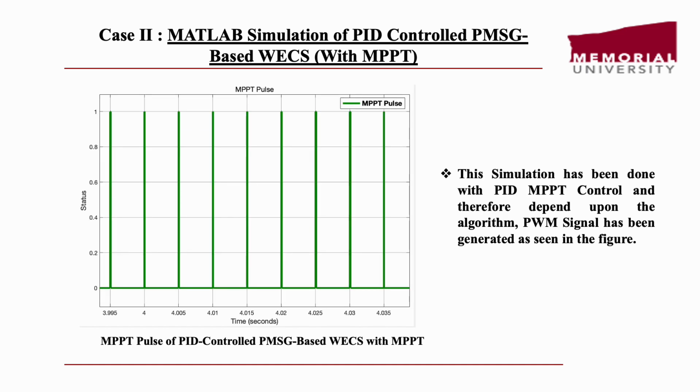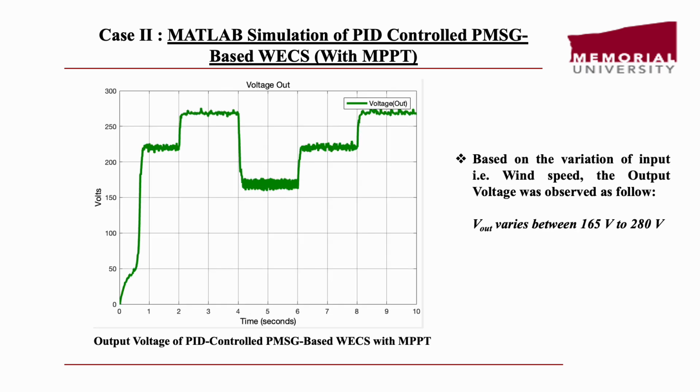And you can see the MPPT pulse which has been generated by the PI controller according to the requirement or according to the algorithm. And this is the voltage output we get in this case, which is the PID based MPPT. And here we can see the voltage varies from 160 volt to 280 volt.